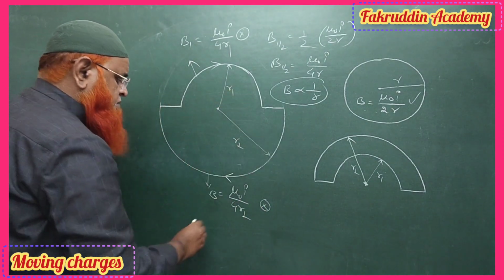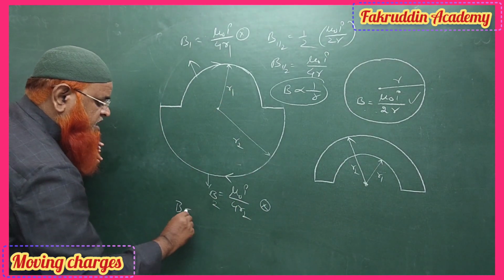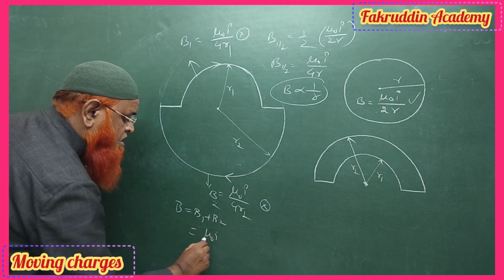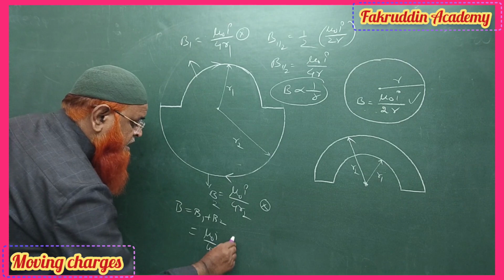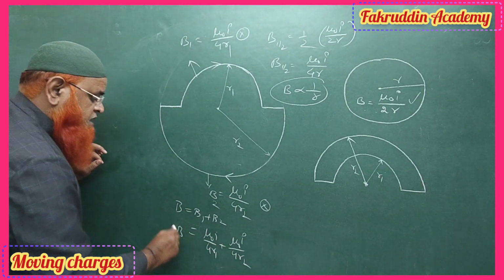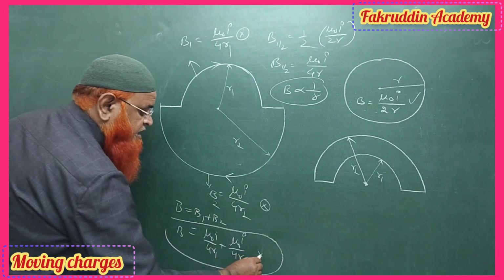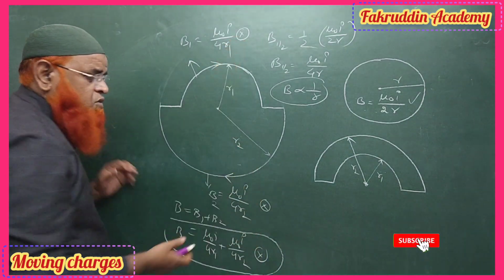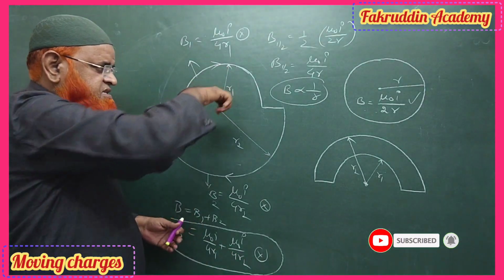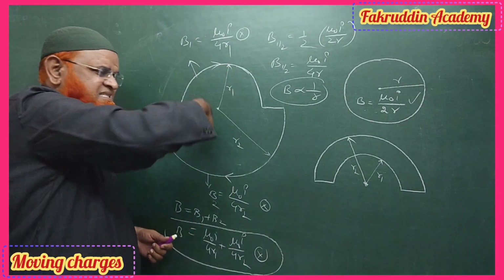So if you combine these two, B is going to become B1 plus B2, which is mu naught I by 4R1 plus mu naught I by 4R2. And you write into, because into plus into becomes into only. Therefore, in both cases the magnetic induction is inside.